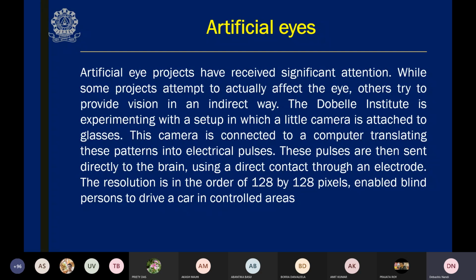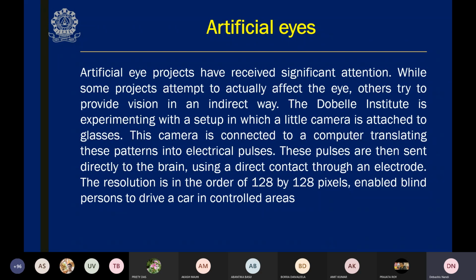That will be analyzed, meaning which particular object is at what distance can be decided by analyzing the video signal. After getting this information, the computer will generate some new signal which can be sent to your brain by using leads.